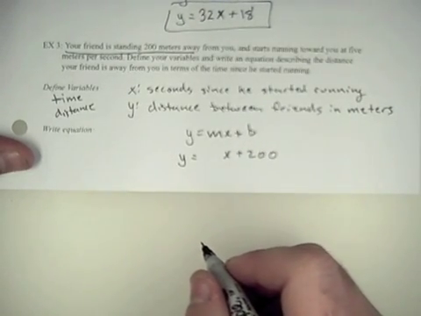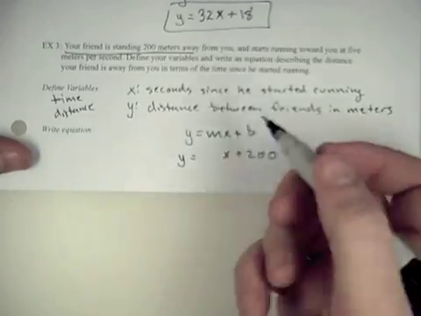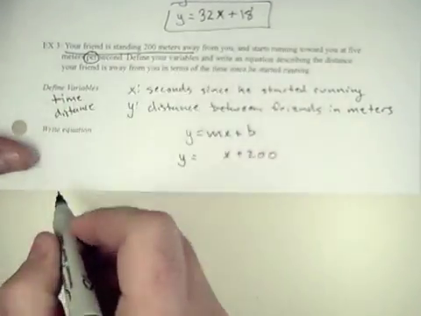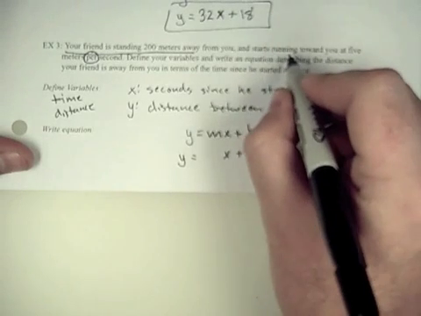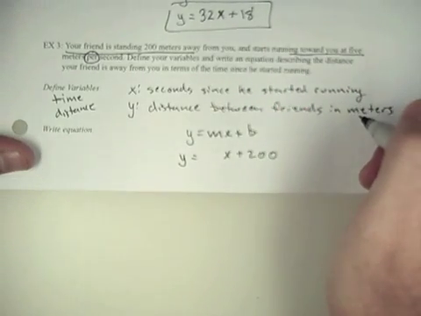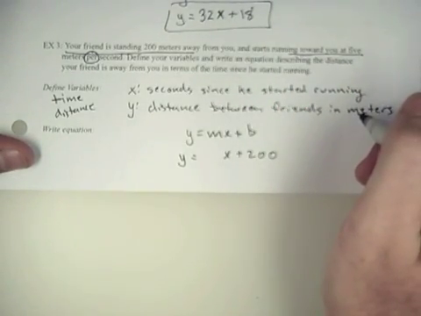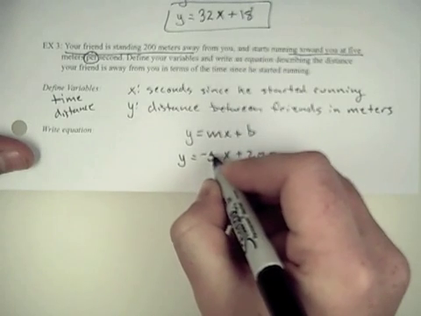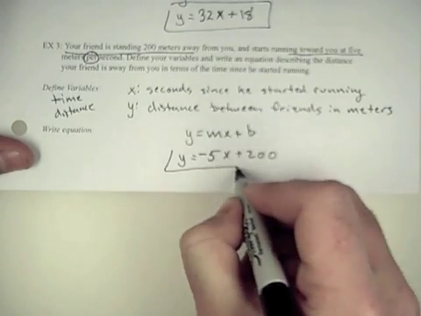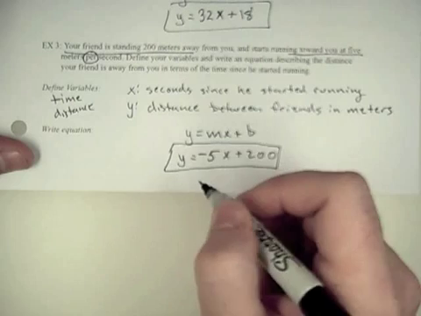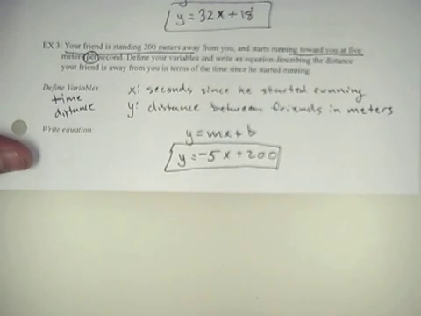And then the slope. Look for per, each, or every. And we see per right here, so meters per second. And he's running toward you at 5 meters per second. If the person's running toward you, that means the distance is decreasing at 5 meters per second. So we want to put -5 in there for our slope because the distance is decreasing. And that is our answer.